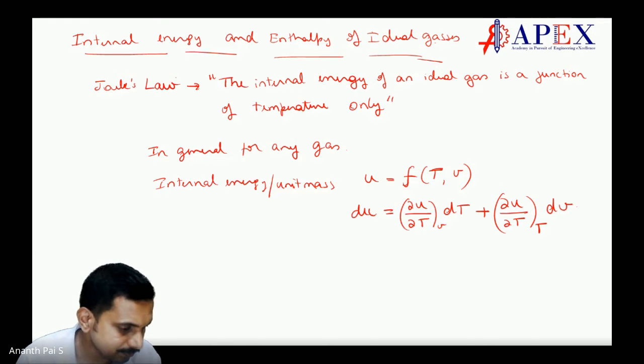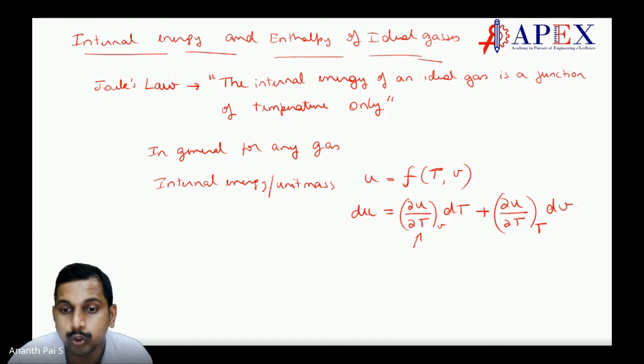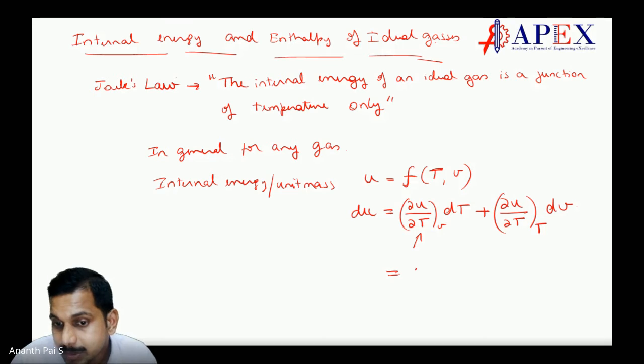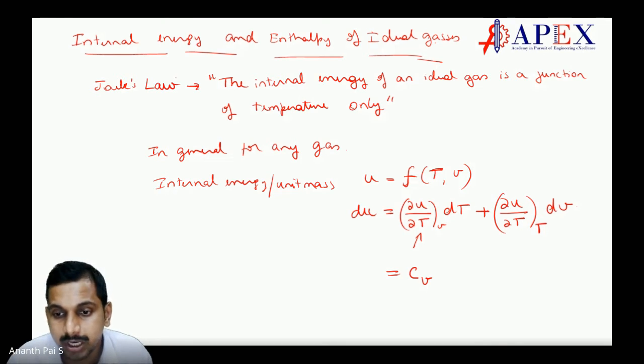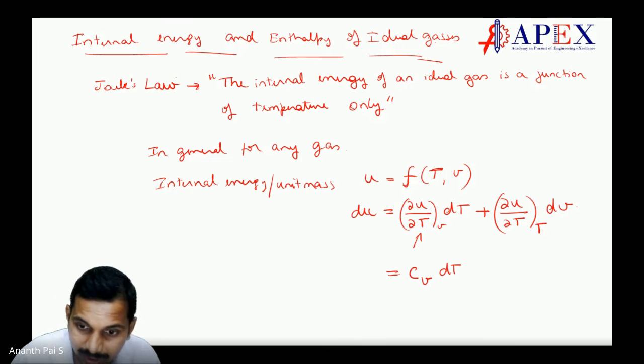Makes sense? Here, this particular thing, dou u by dou T at constant volume, is called specific heat at constant volume. What is this called? Specific heat at constant volume. Dou u by dou T at constant V is called Cv.